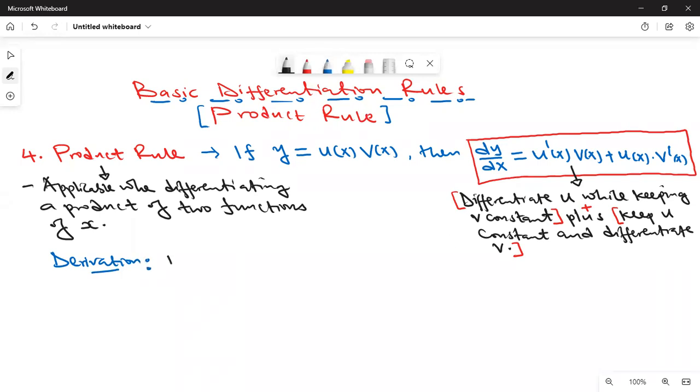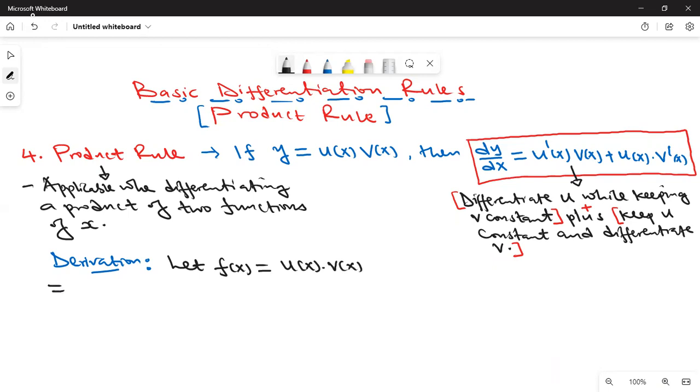So we say let y of x, or I could use f of x, whichever. Let me use f of x instead of y of x. So let f of x be equal to u of x times v of x.